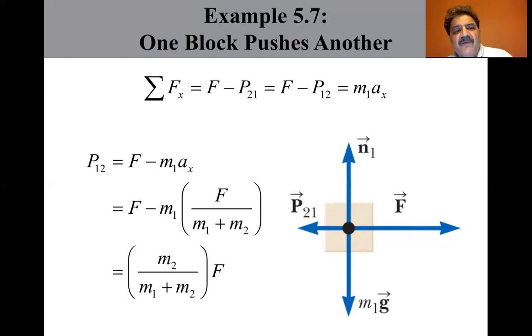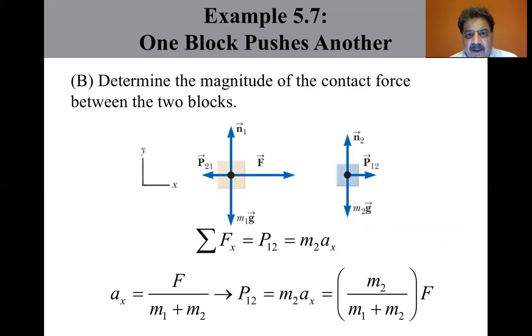P12 equals F minus M1 times the acceleration in the x direction, equals F minus M1 F divided by M1 plus M2, and that equals M2 divided by M1 plus M2 times F. Okay, I guess that comes from the previous M2 ax.